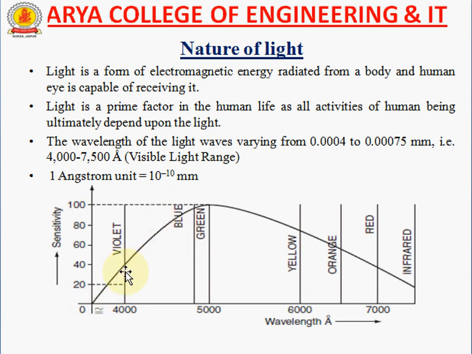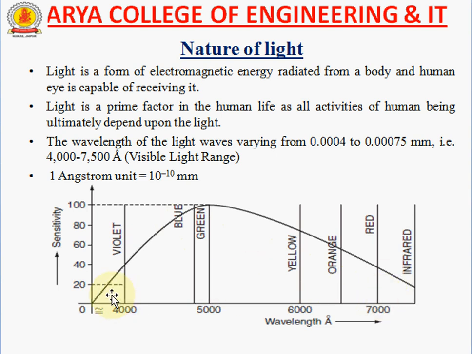In this graph, we have shown that at minimum wavelength, the sensitivity is minimum. When the wavelength value increases on the x-axis, at 4000 we get the color violet, at approximately 5000 we get blue-green, and at 6000 angstrom generally yellow, orange, red and infrared.